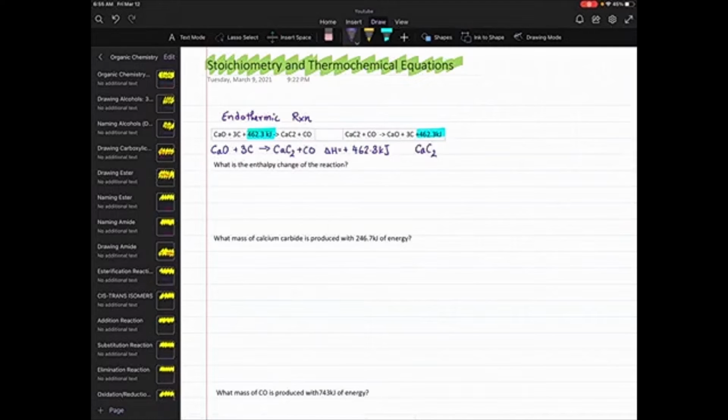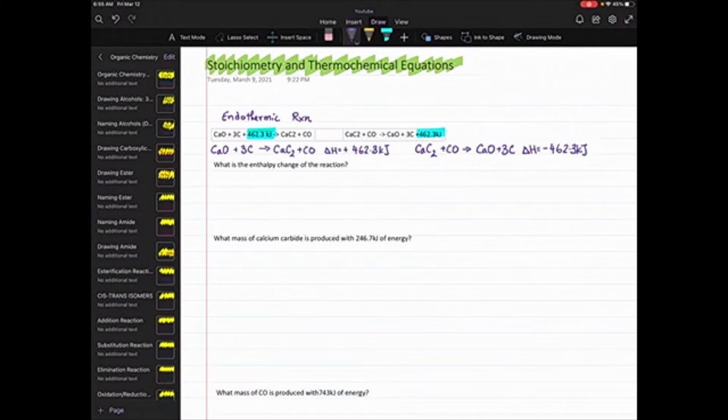CaC2 plus CO forming calcium oxide plus 3 carbons, and the delta H in this case is going to be negative 462.3 kilojoules. The reason for being negative is because the system, which is the calcium carbide and carbon monoxide, is losing energy. Now energy is separate from the product, and therefore the delta H value, the energy of the system, has been reduced.